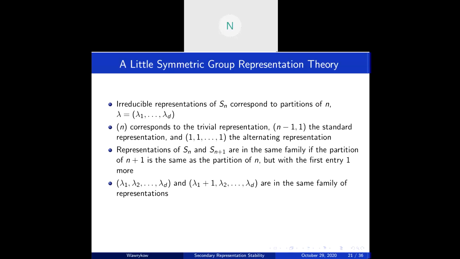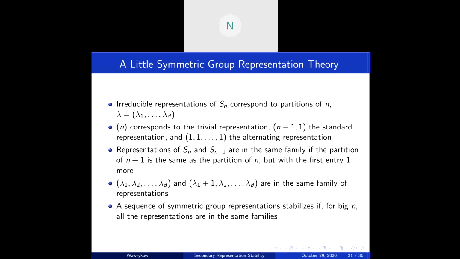And so this is some notion of equality that we're going to use here. Furthermore, if we're talking about this in terms of Young tableau, this is just saying you're adding a box at the very right of the first row. Nothing new. It's nice, it's simple to see, and life is happy.